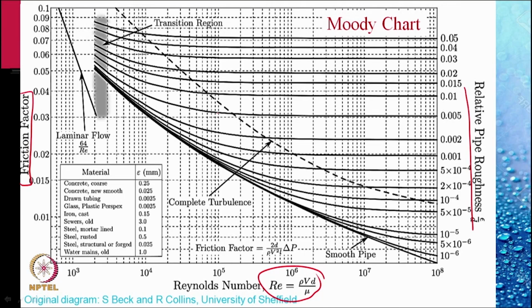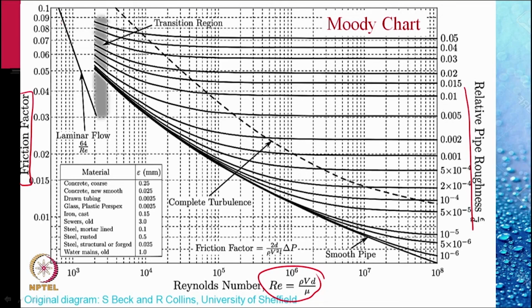You would notice a few things. On the left-hand side, laminar flow is a straight line represented by 64 by Re. Since it is a log-log plot, a relation f is equal to 64 by Re would plot as a straight line.